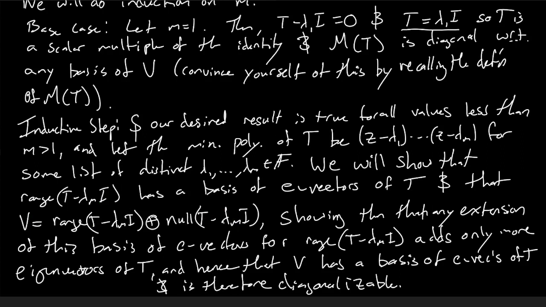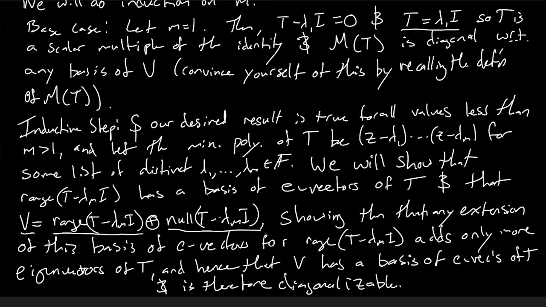Now this means that if I take a basis for the range of T minus lambda m I and extend it to a basis of V, I'm only adding stuff from the null space of T minus lambda m I. Everything in the null space is in the eigenspace of T corresponding to lambda m, that is, it's an eigenvector. Well, except for the zero vector.